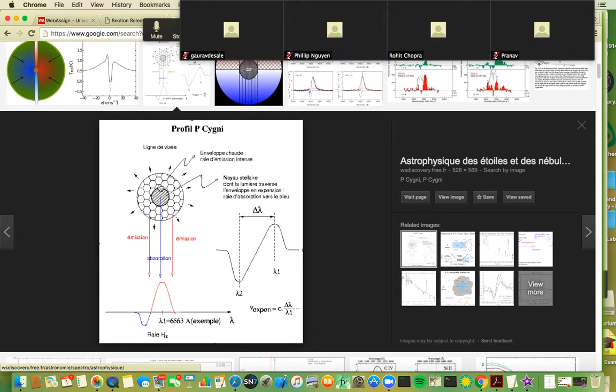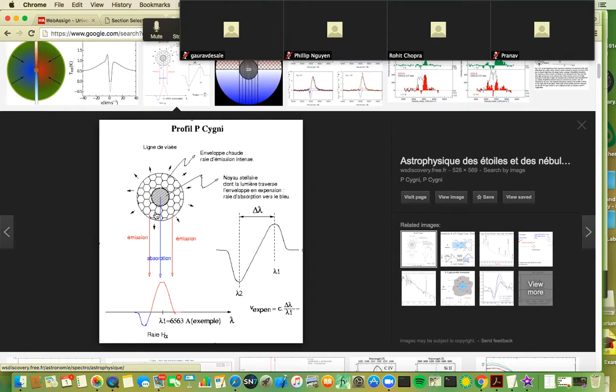It's just any star that has an expanding envelope. Could be a star that is losing material. Could be a B star that is losing mass because of some radiative process going on in its envelope.